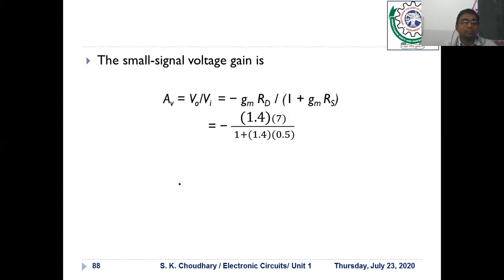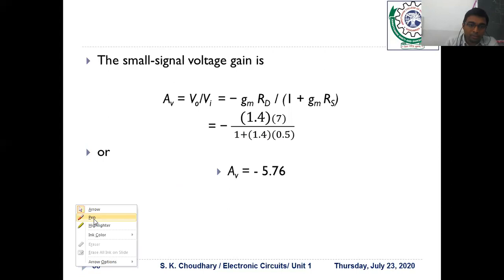Minus 5.76. Is it correct? Yeah, correct. Very good. Those who have solved it have definitely done a good job.